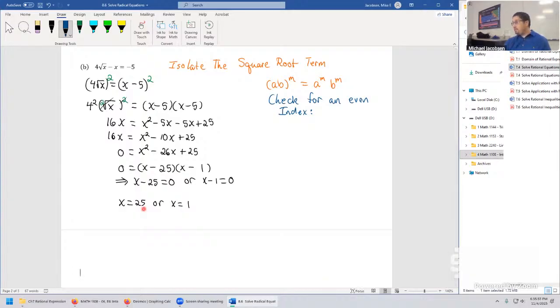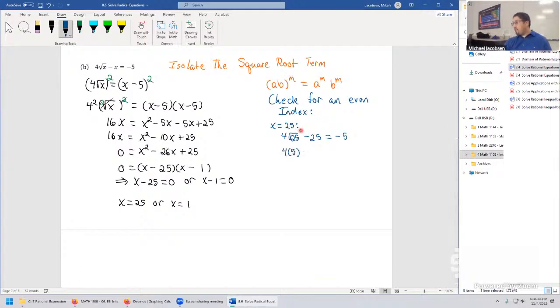When x is 25, we'll plug it up in here and get 4 root 25 minus 25 must be a negative 5 for this to be a real solution. Then simplify here. Square root of 25 is just a 5.